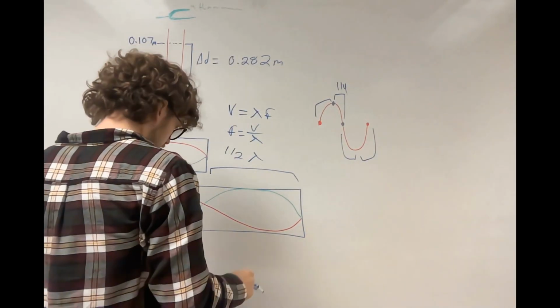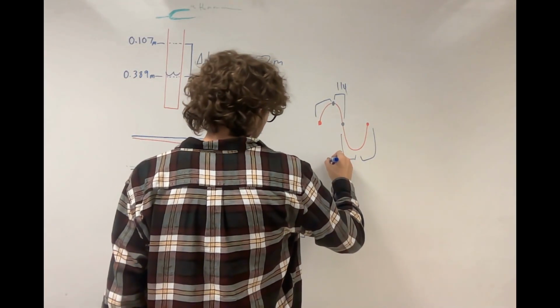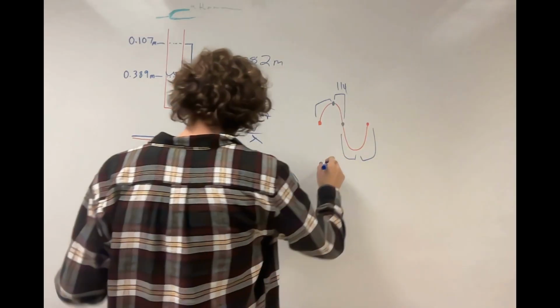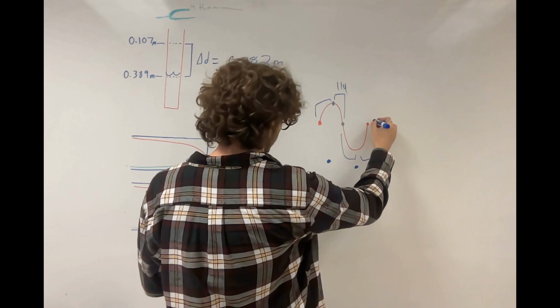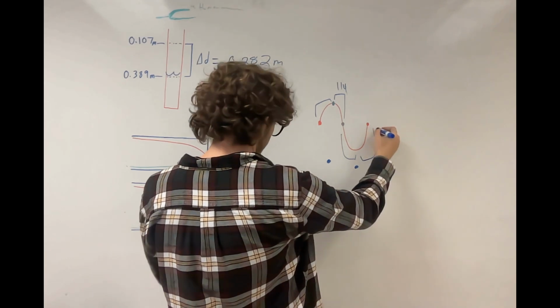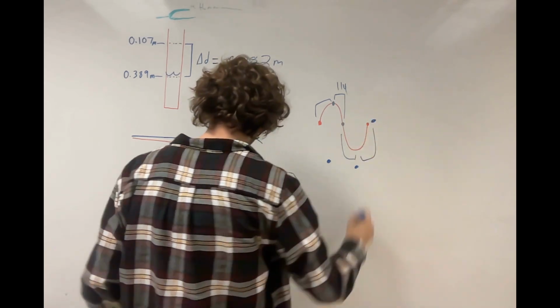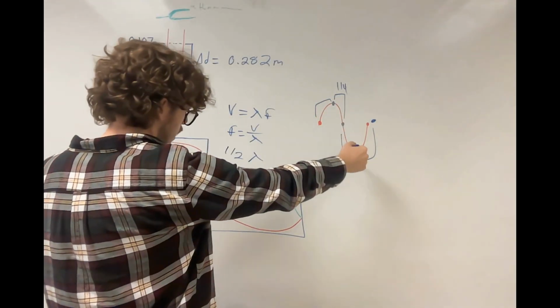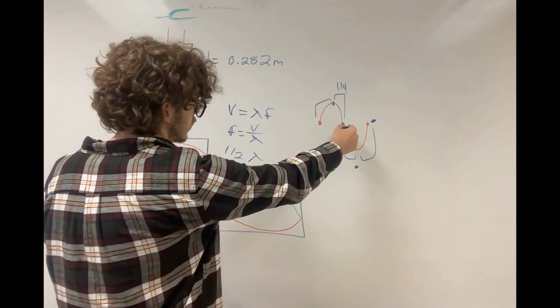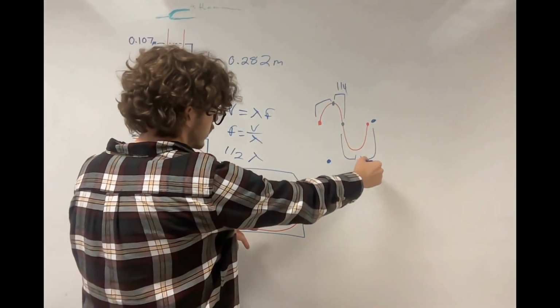We go from here, antinode to a node, down to an antinode, or then we hit a node again. So we go antinode, down to a node here, antinode, node.